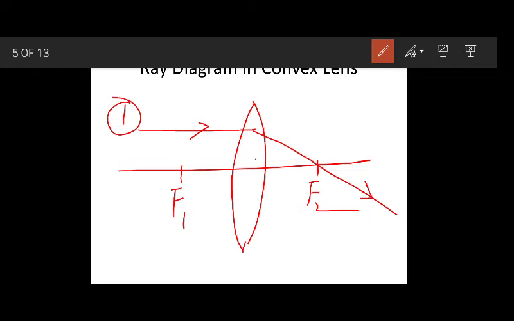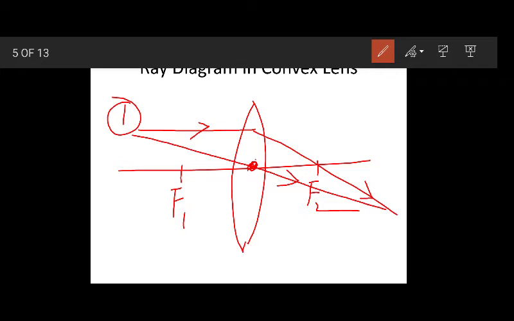And then after this, when light passes through optical center, this is optical center, light does not change its direction when it passes through optical center.